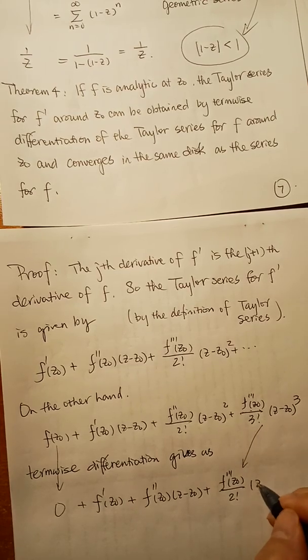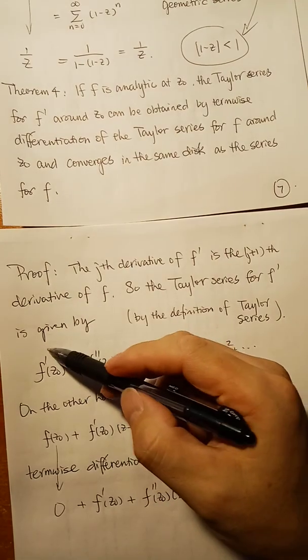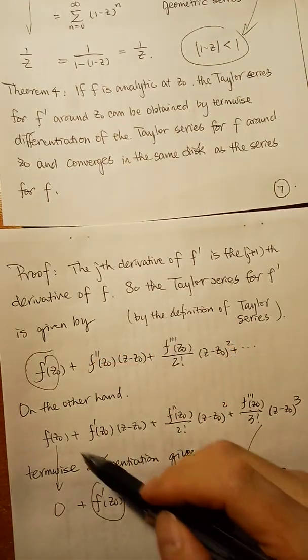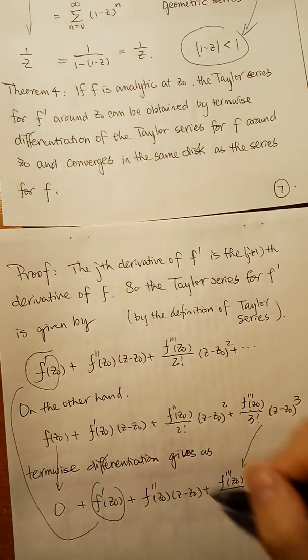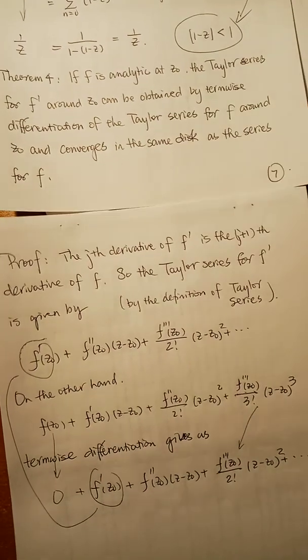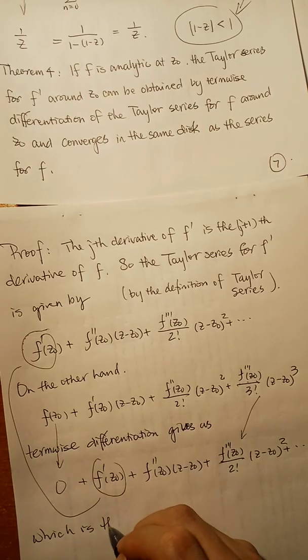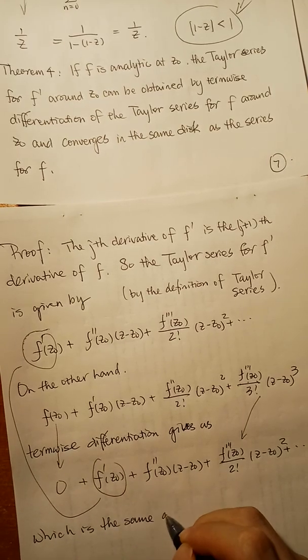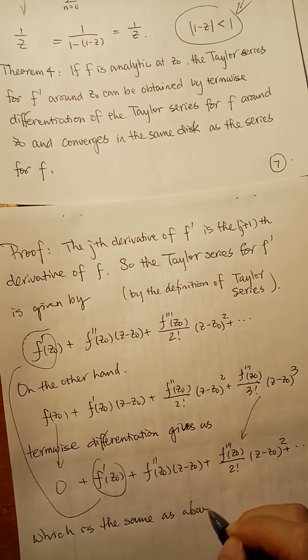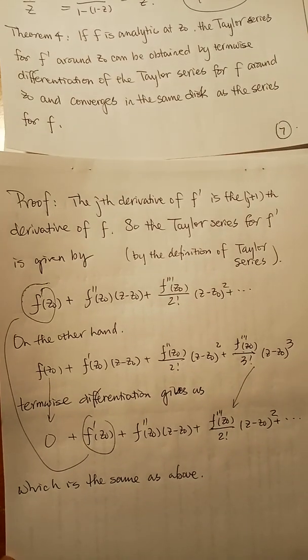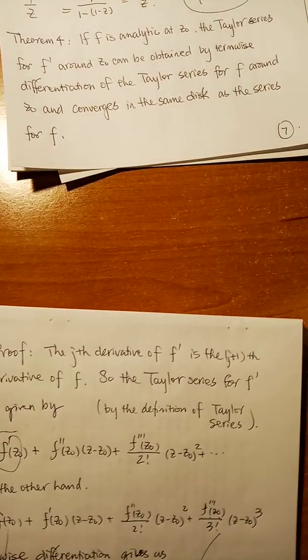You have 2 factorial, z minus z0 squared, and so on. So you compare them. They are term-wise equal, which is exactly the same as above.